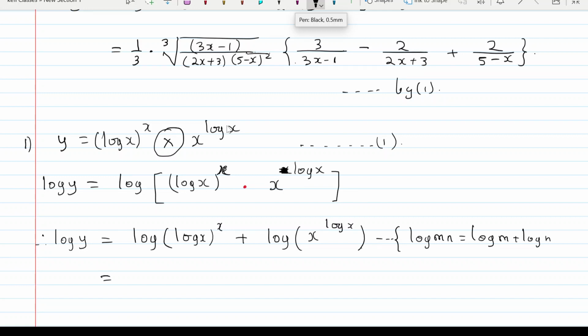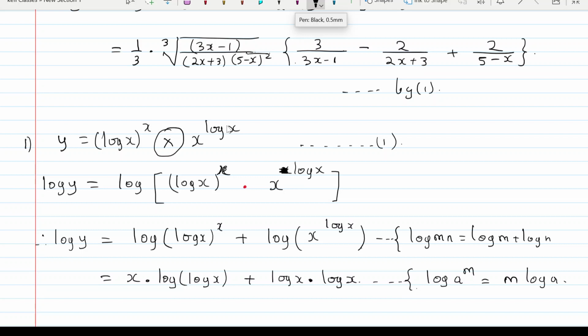So we can still use laws of logarithms, and that is x into log of log x plus log x into log x. Okay. And the reason for that is log a raised to m is m log a.